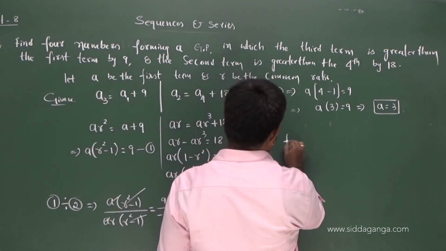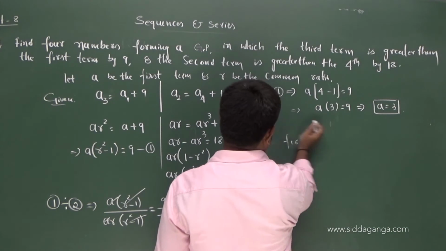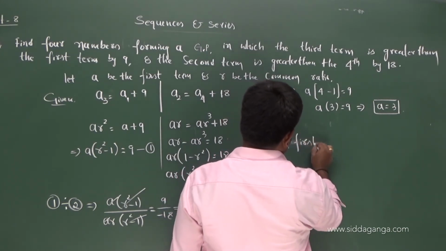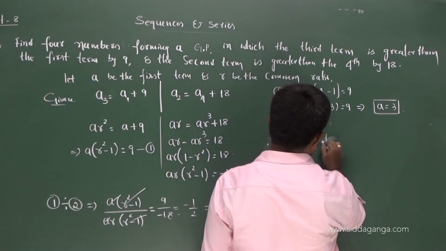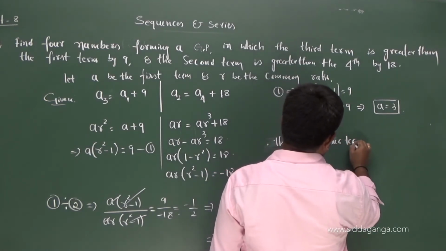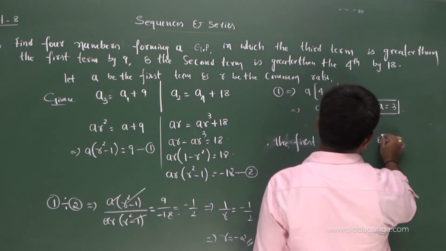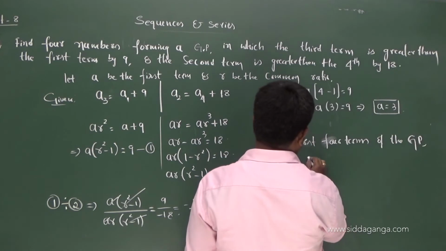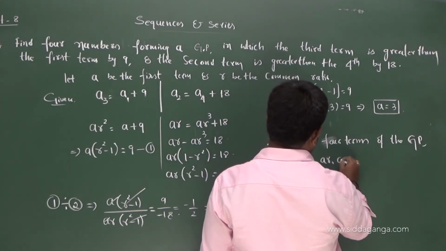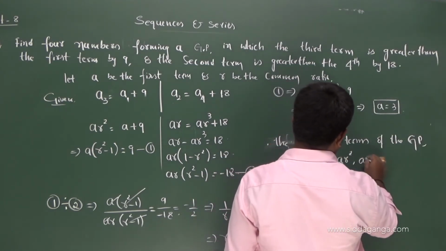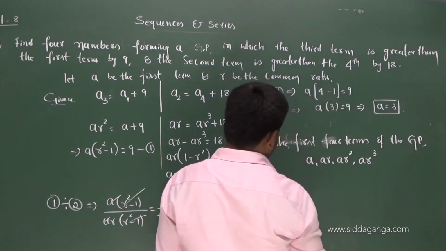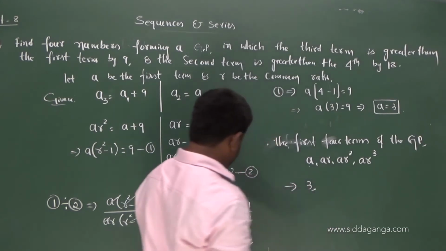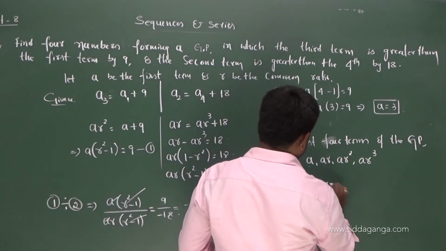Therefore, the first four terms of the GP are A, AR, AR square, AR cube, given by A is 3. AR is 3 into minus 2, that is minus 6.